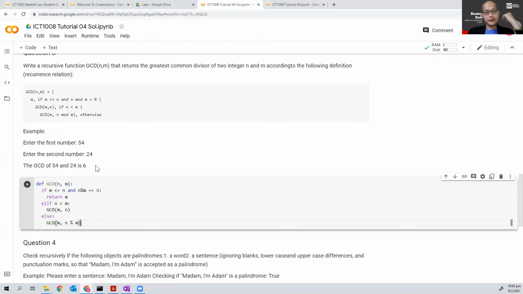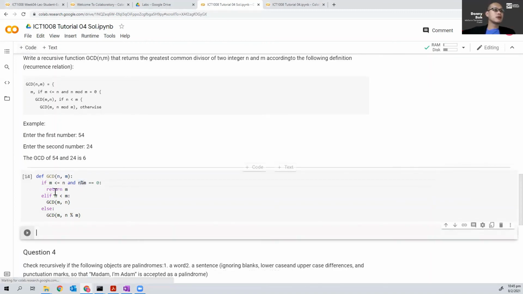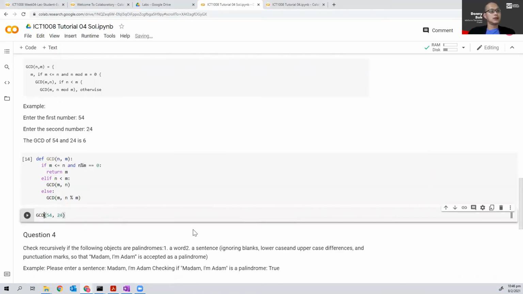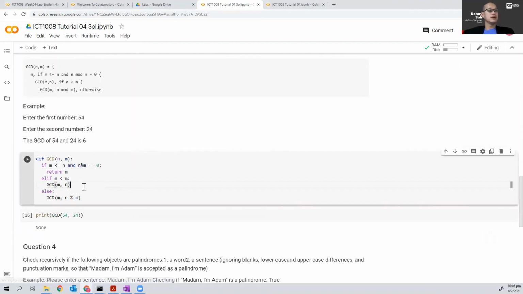So that's all for this question. Basically, the code is given to us already. We just need to write some little code to convert that to Python code.